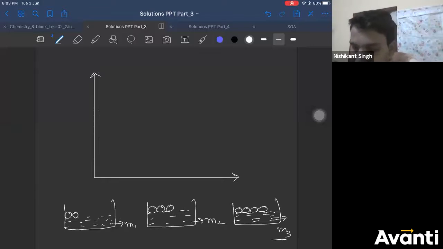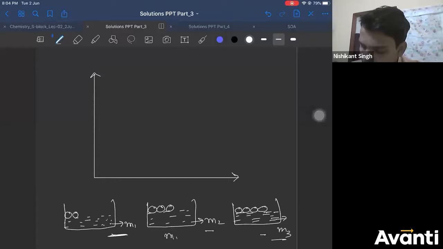Right? All right. So what I said here was that there are 3 solutions with molality M1, M2, and M3. Can anybody tell me which is having more molality? M1, M2, or M3? M3. Everybody understand that?